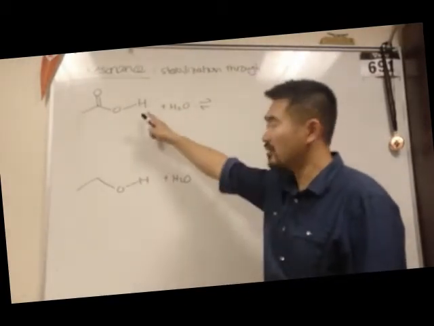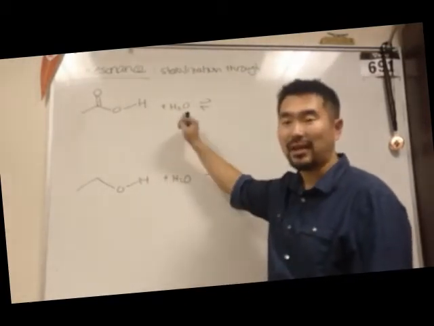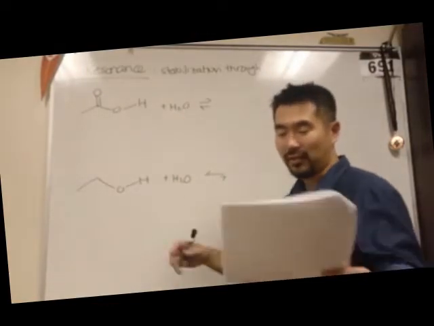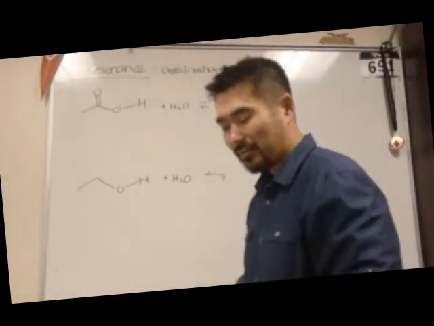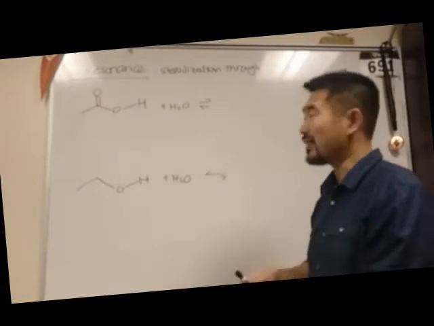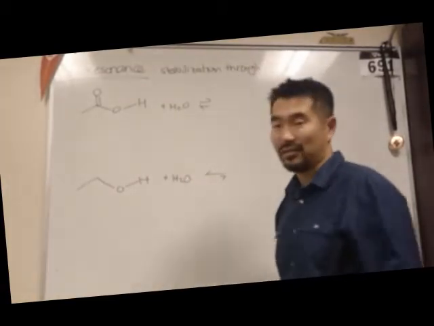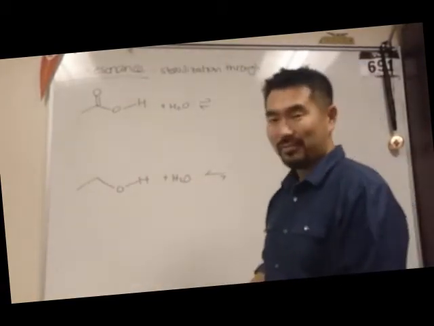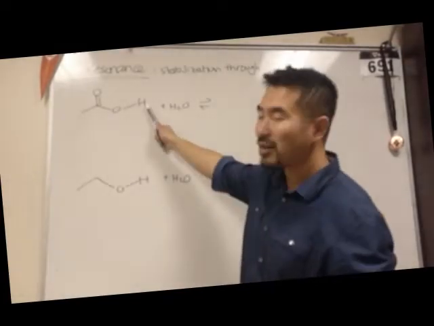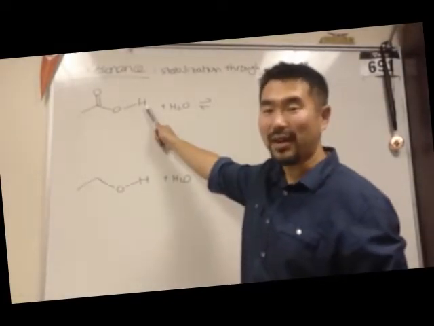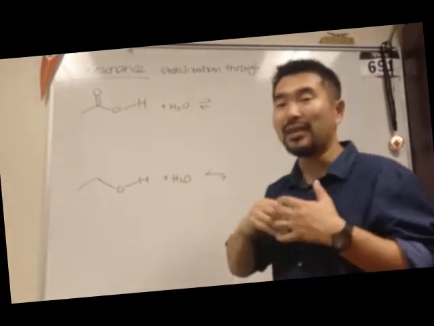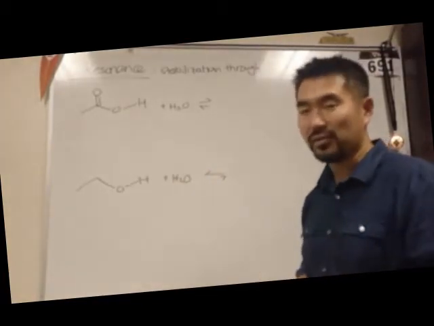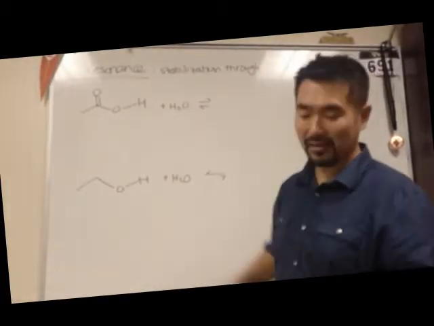Here's an alcohol and a carboxylic acid. We're using the same base, so that's a fair comparison. Which is going to be the better acid? You might already know, even just based on the functional group name, that the carboxylic acid is probably going to be the stronger acid. But let's prove this to ourselves using the resonance idea.